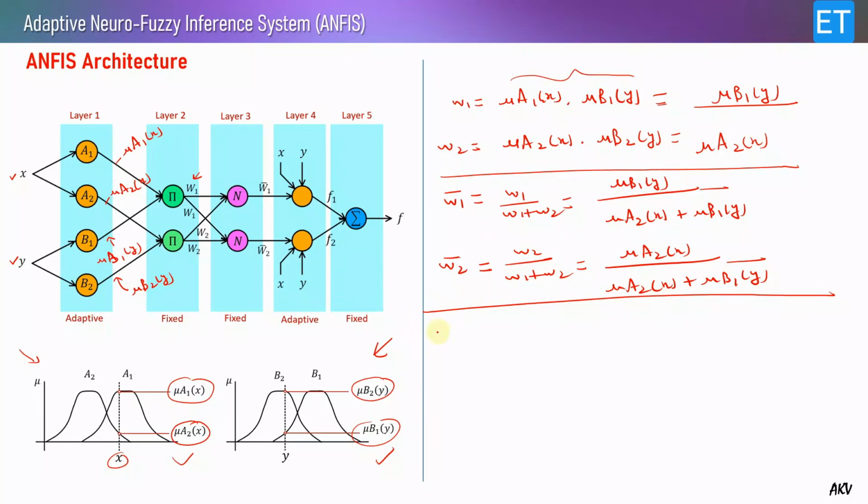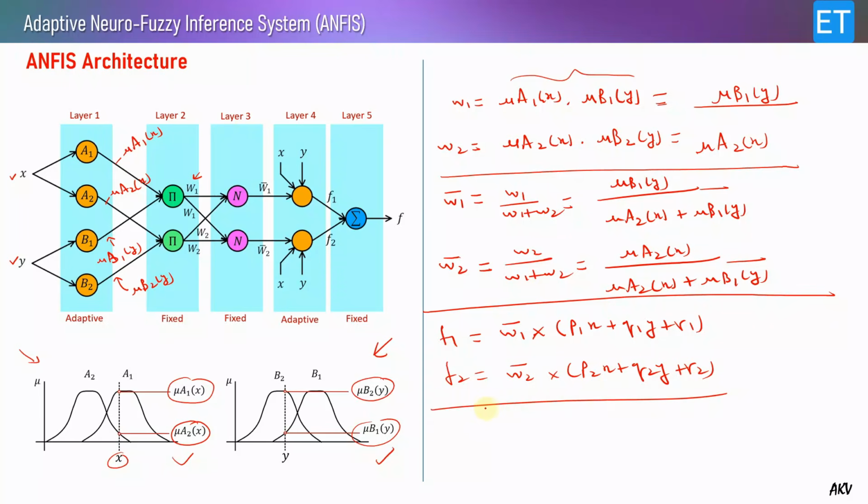Now I can write expression for F1. That is the output of the layer 4. So F1 is simply W1 bar into P1x plus Q1y plus R1, and F2 is W2 bar into P2x plus Q2y plus R2.